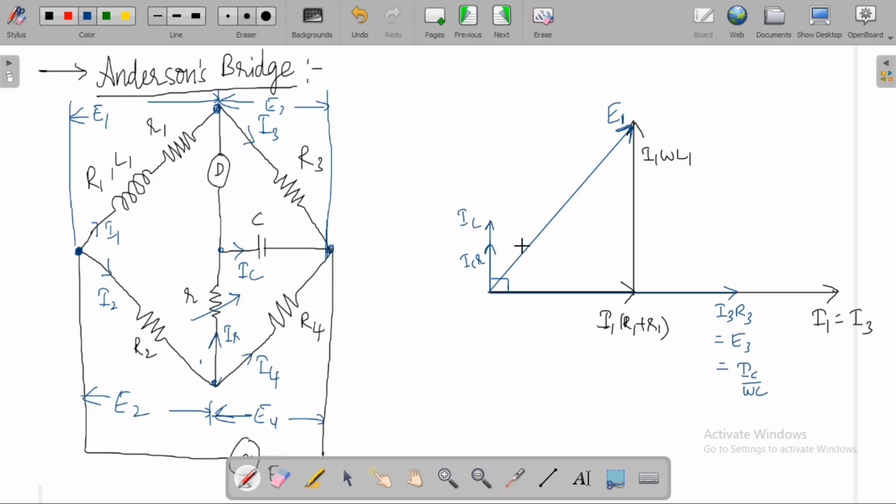Now let me draw ICR. This ICR will be in phase with IC.